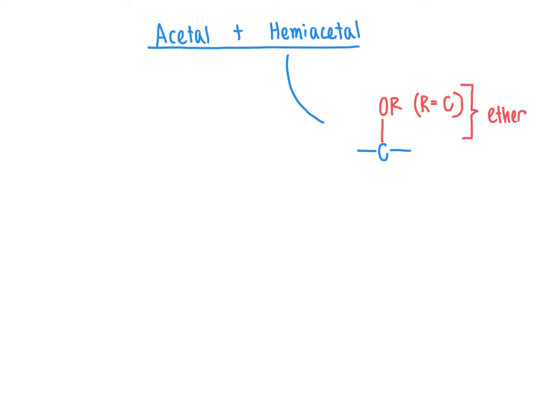And then additionally, that same carbon atom is also bonded to a hydroxy group. Hence, we would refer to this part of the structure as not an ether, but instead as an alcohol. This special combination of a single carbon atom here that is part of an ether group, and also that same carbon atom is part of an alcohol group, is referred to as a hemiacetal.